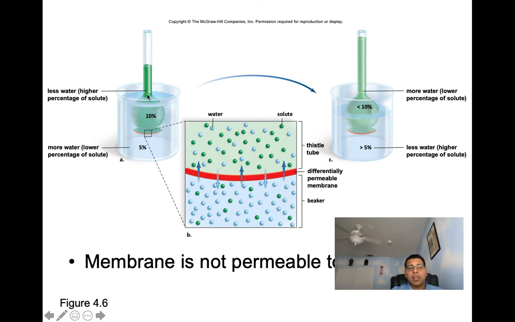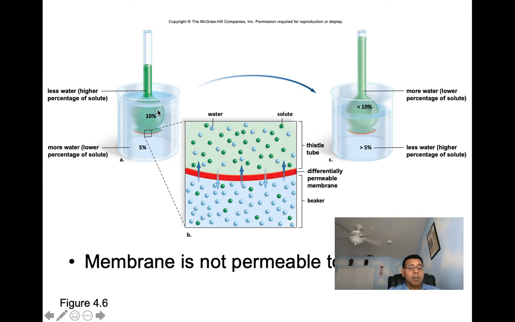So we get this tube that's covered on one end with the selectively permeable membrane and filled with a 10% solute concentration solution. And we submerge it. We place it into a 5% solute solution beaker.